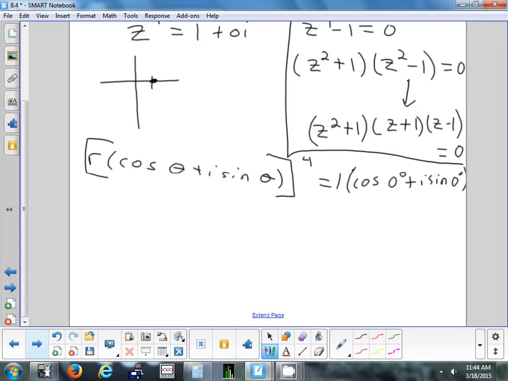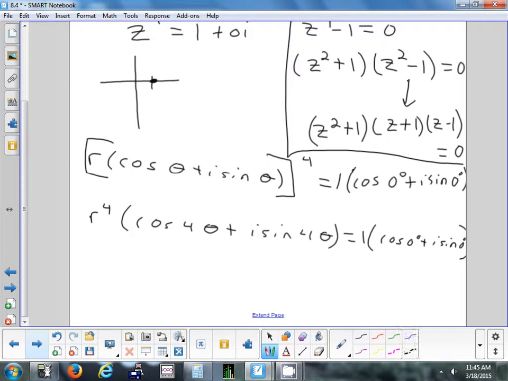Okay, use DeMoivre's theorem on the left. So you have r to the 4th cosine 4 theta, i sine 4 theta. Keep the right the same. Now we just have to make the parts match up.